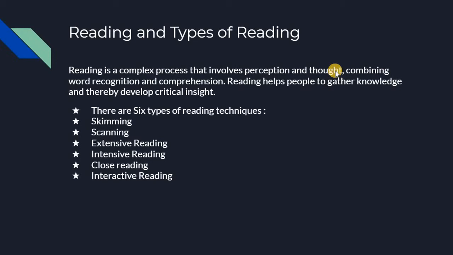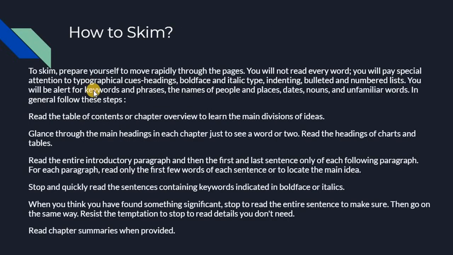While you're skimming, this is what you do. You read the words which are written in boldface or italic typeface, and then you read the bulleted list or the numbered list first. Then you will look for key words and phrases, like words such as comprehensible and the like.